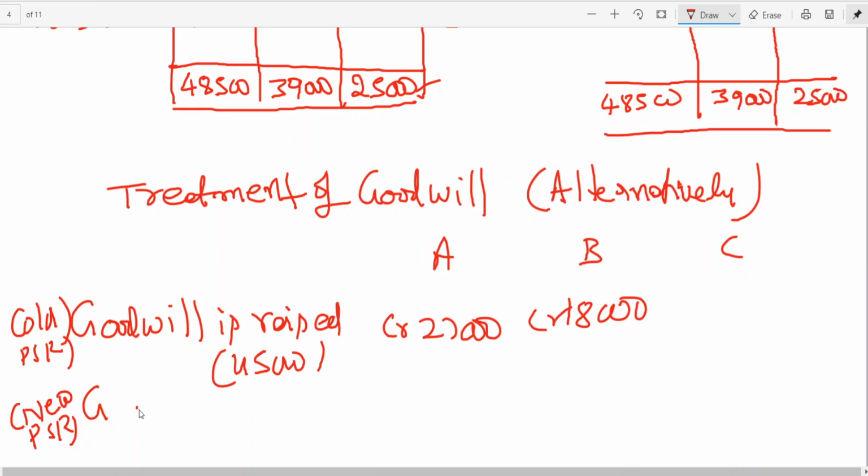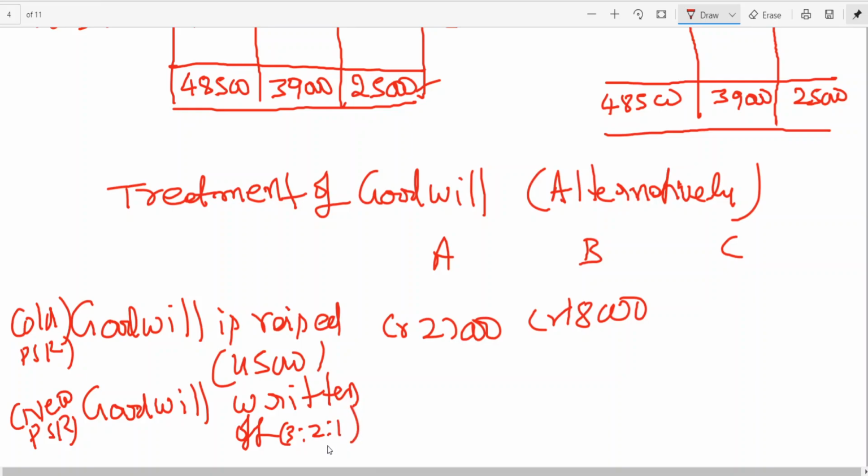Just to have clarity for future admissions, I am explaining that goodwill also can be raised and written off. Goodwill written off, I told you, in the new ratio. What is the new ratio you got here? In the problem you can see, the new ratio is 3:2:1.